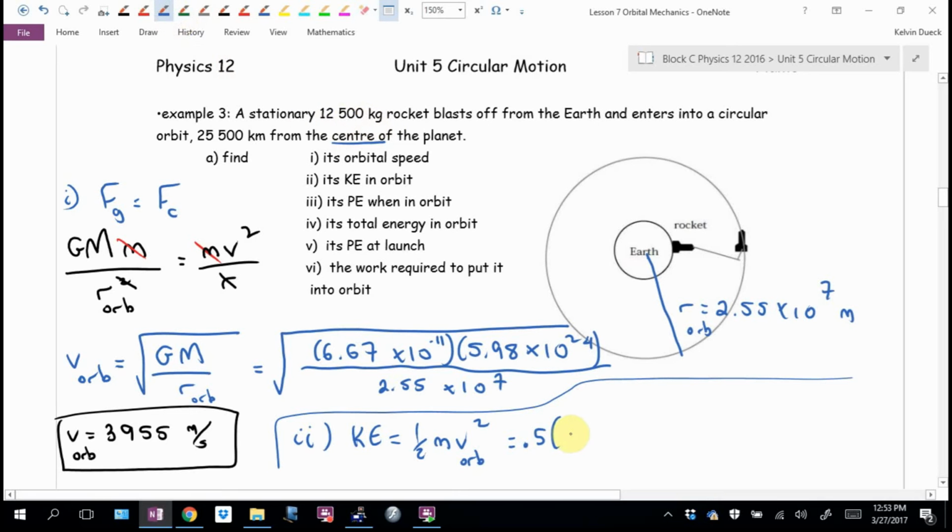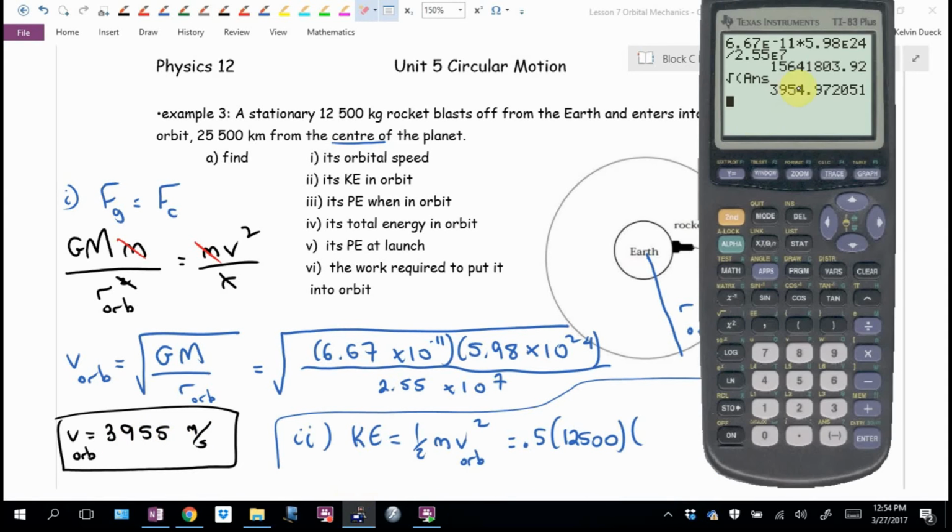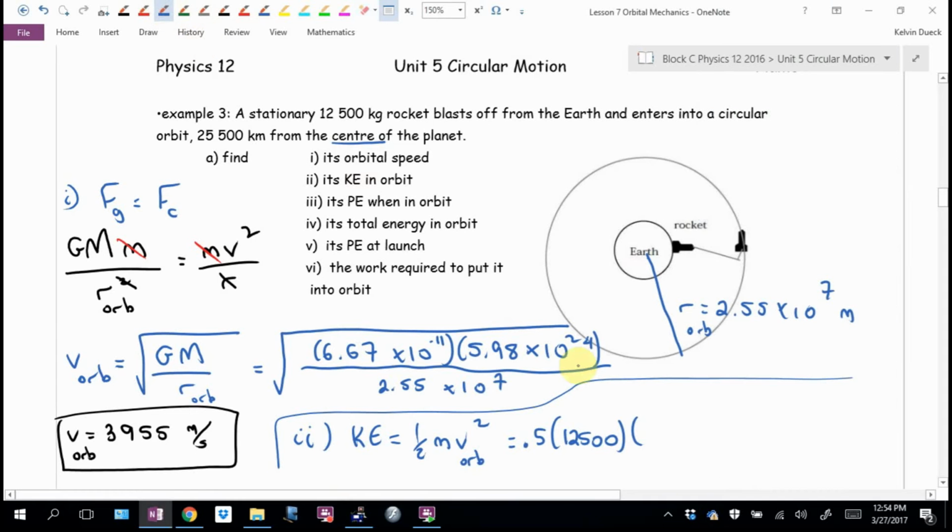Yep. And then, what's my orbital speed, Kevin? What's my orbital speed? 3955. And if you have it still stored on your calculator, you can just use your answer button. I'll write 3955 squared, but of course I'll use my answer button.